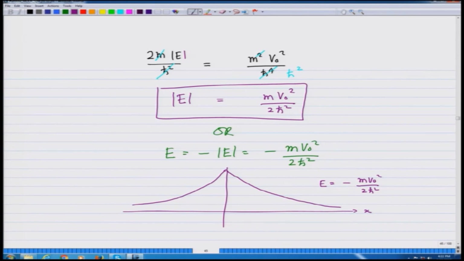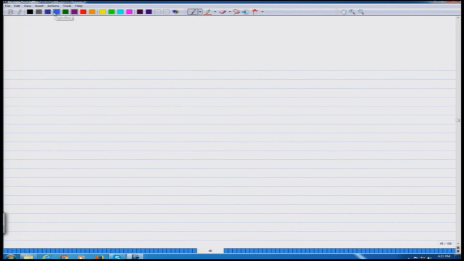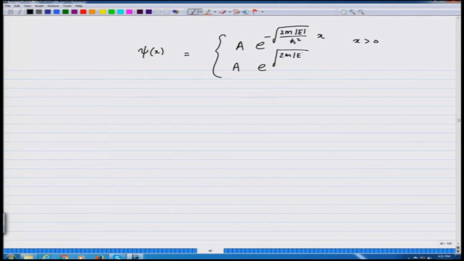If you want to normalize the wave function, let us see. Now, we have calculated the wave function psi x. Let me write it in one bracket: e raised to minus square root of 2m mod E over h cross square x for x greater than 0, and a e raised to square root of 2m mod E over h cross square x for x less than 0.